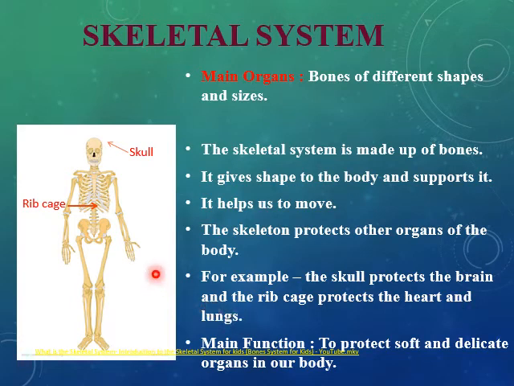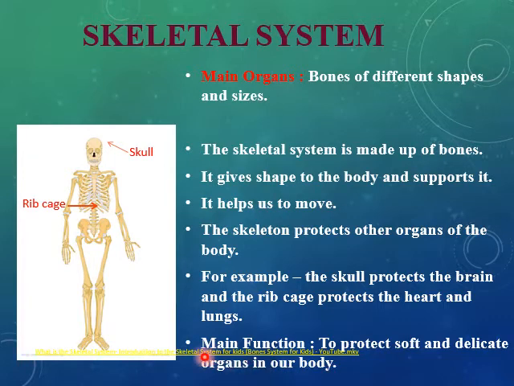You can see here, this is the skull, and this skull protects the brain. And this is the rib cage. So this rib cage protects the heart and lungs. The main function is to protect soft and delicate organs in our body.